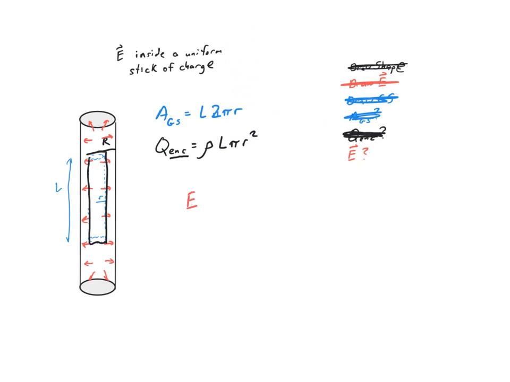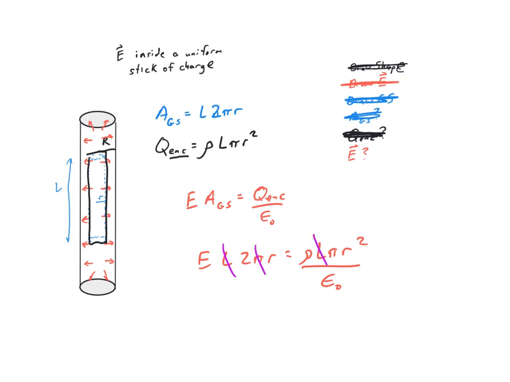Electric field inside times the area of the Gaussian surface is equal to charge enclosed divided by permittivity. L 2 pi little r equals rho L pi little r, again squared, over epsilon naught. L's cancel.